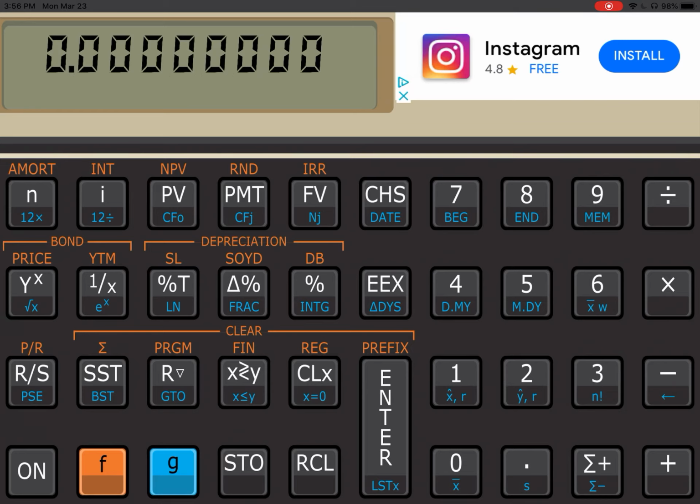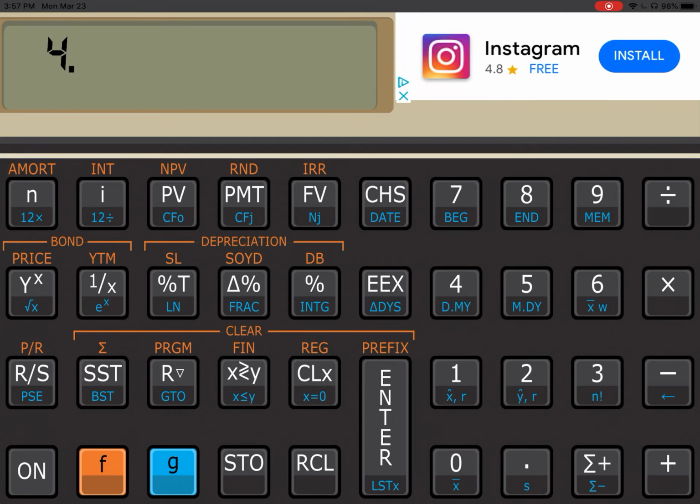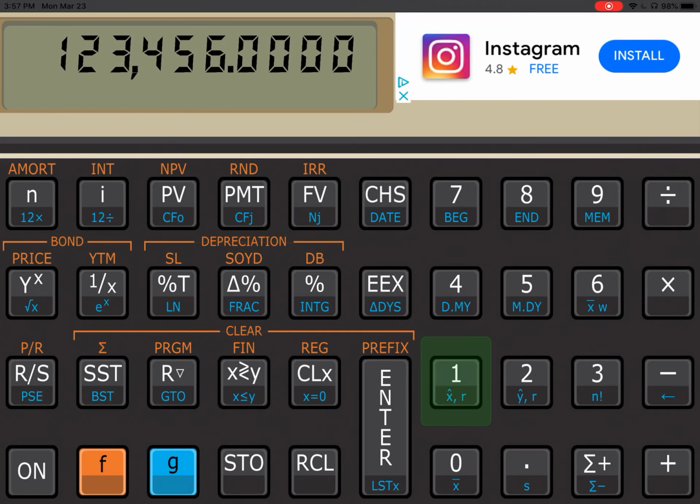So, for instance, if I had the number 1, 2, 3, 4, 5, 6 and I wanted to store that, I could use the store function here, and then move on to say 4, enter, recall 1, which was our number 1, 2, 3, 4, 5, 6, and times that to give us this number. So you can use the store and recall functions to help you remember things without having to write stuff down.